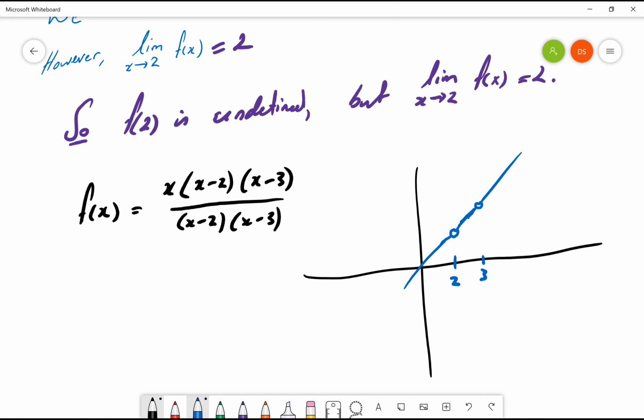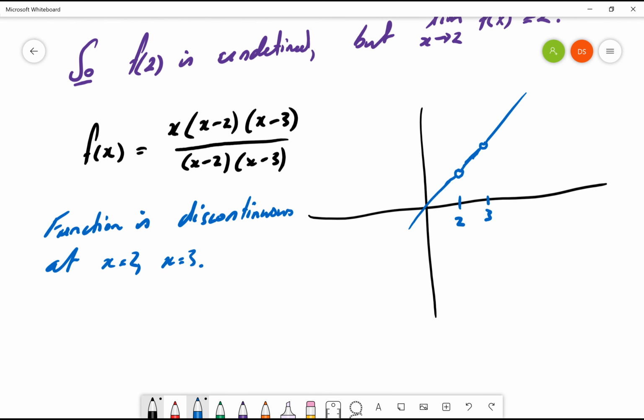Exactly, Jason, yeah. So we say this function is discontinuous at x equals 2, x equals 3. But what else do we know?